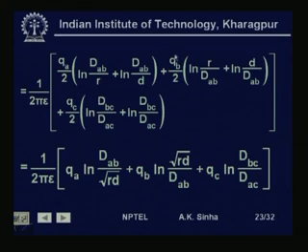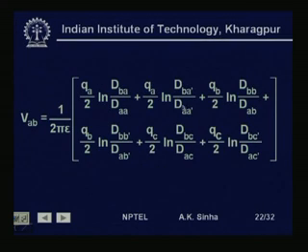This, after substituting the values, will be given by QA by 2 ln dAB by r, that is dAA, plus ln dAB by D, which is the distance dAA dash.